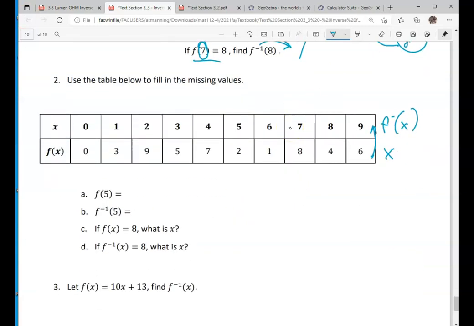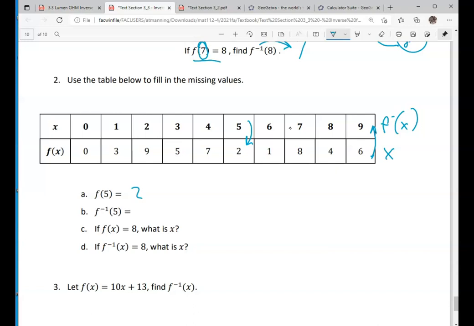Now, just a little practice with the tables. f of 5, there it is right there, takes me to 2. f inverse of 5. Now, don't go to here. f inverse of 5 means I started with an output of 5. What x got me there? Remember, I got to go to this. Don't say, oh, f of 5. That's not that guy.